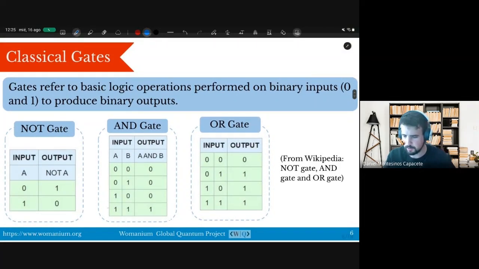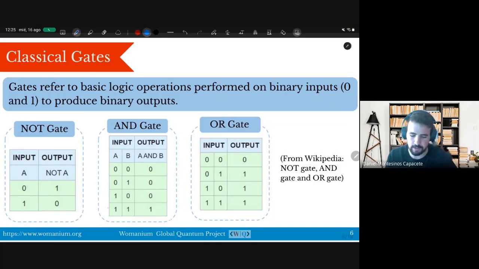This is just for you to maybe understand a little how computations are going to work at the bit and qubit level. So a gate is just a logic operation performed on binary input, and you produce a binary output. That's basically it. For example, we have some very typical gates here. See the NOT gate.